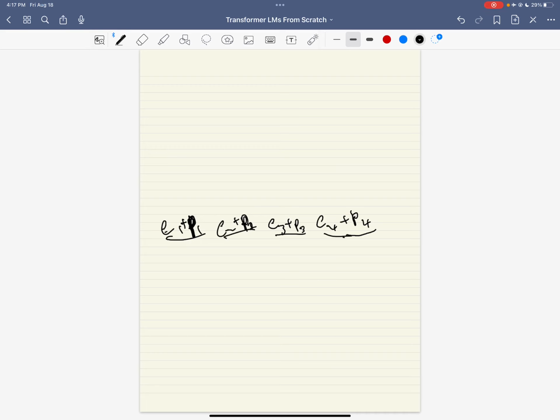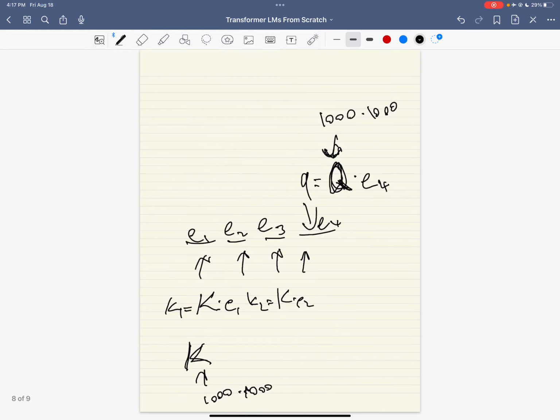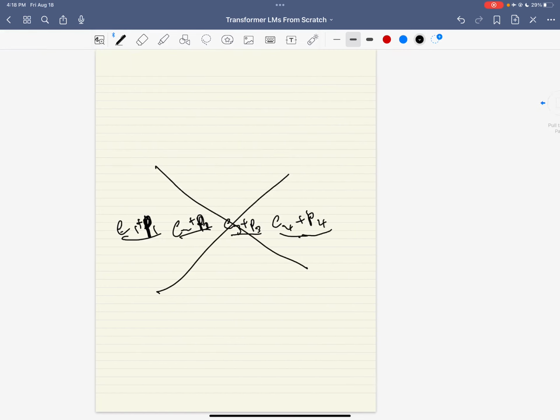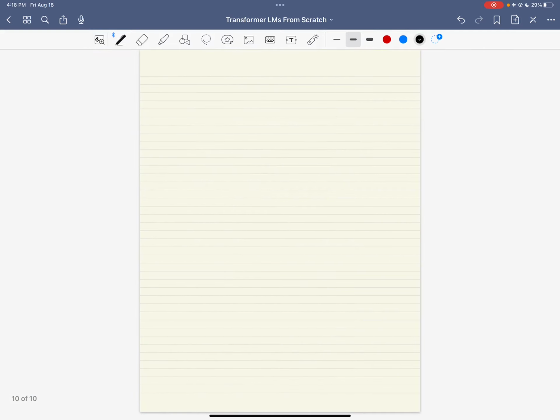And the way ALiBi works is that we don't have position embeddings at all. What we do instead is in this attention computation, where we have, here's where I drew it, Q times K1, Q times K2, Q times K3, and Q times K4.